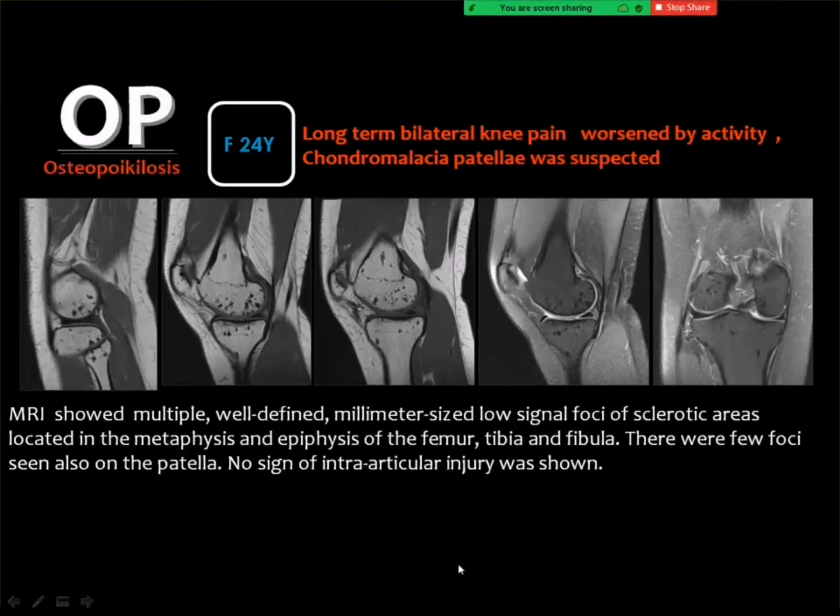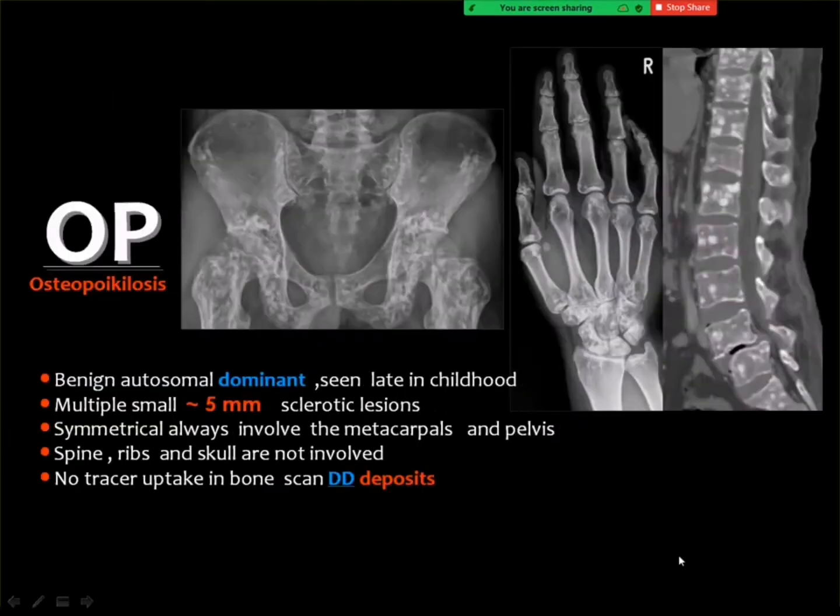Osteopoikilosis, multiple bone islands, extensively distributed everywhere in the body, particularly in the pelvis and in the hands. And this disease is rare in the spine, and as the literature says, the spine, the ribs, and the skull are not involved. But I have seen many cases where the spine is affected as well.